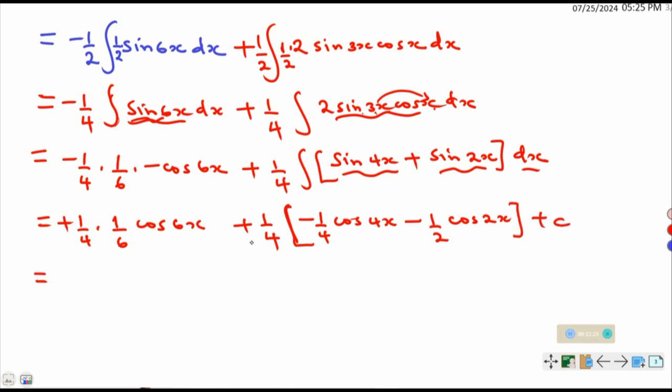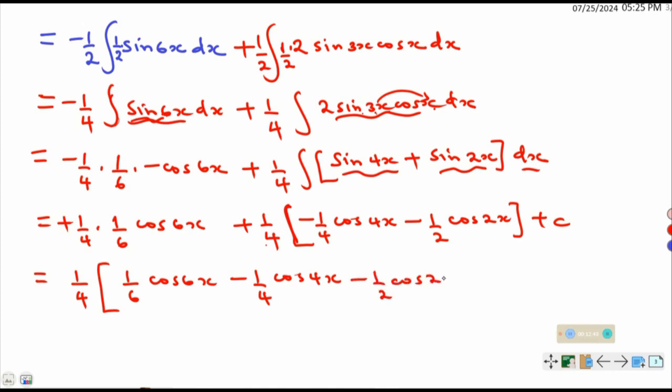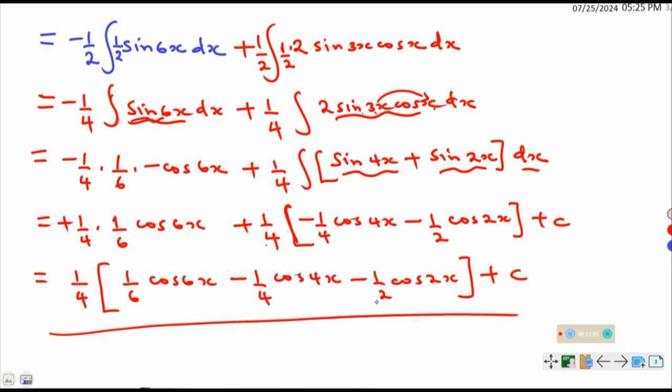So from there we can easily realize that a quarter is common, so we can pull out 1 upon 4, into this will remain 1 upon 6 cos of 6x. This is minus a quarter cos of 4x. This is minus a half cos of 2x. Then everything we are adding c. So this one here will be our answer for the given question.